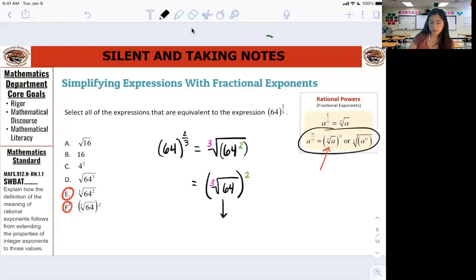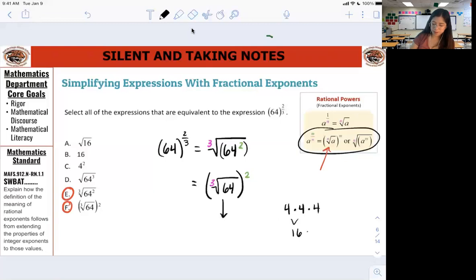So 8 times 8 times 8 gives me 64? No, 8 times 8. Oh, see, that's the square root of 64. So careful. What's the cube root of 64? 4. Yeah, 4 times 4 times 4.